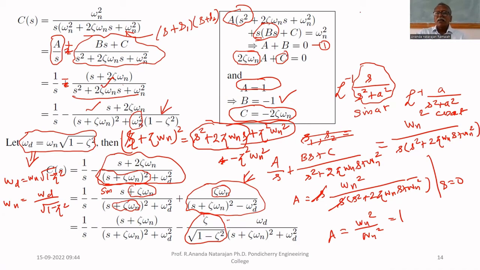Here I am writing the Laplace inverse of, instead of s, s plus b, upon (s plus b) square plus a square. If it is there, then the Laplace inverse is e power minus bt.